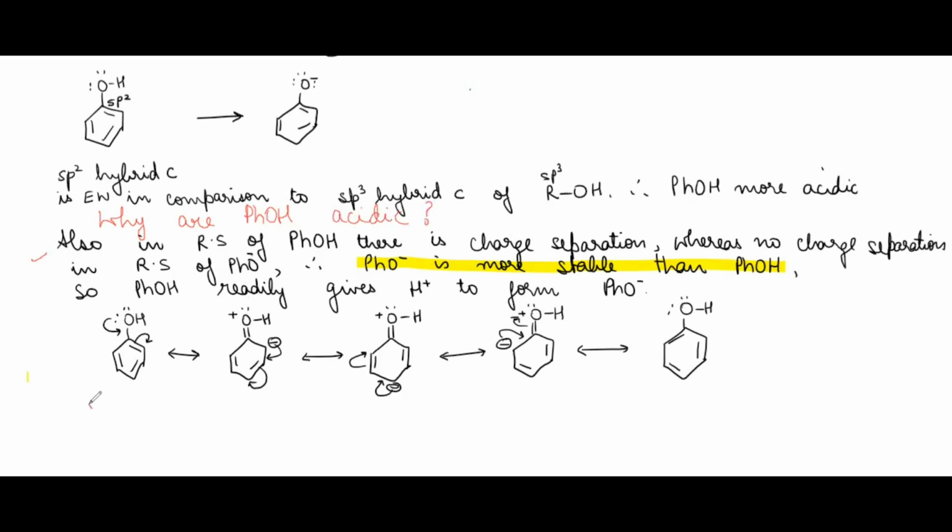Then you will be drawing resonating structures of phenol and suggesting in phenol there is charge separation, whereas in the resonating structures of phenoxide ion, as we have just seen, there is no charge separation. So you will suggest phenoxide ion is more stable than phenol. Therefore, phenols are acidic in nature. So all this to be discussed thoroughly in order to get full credit for your boards.